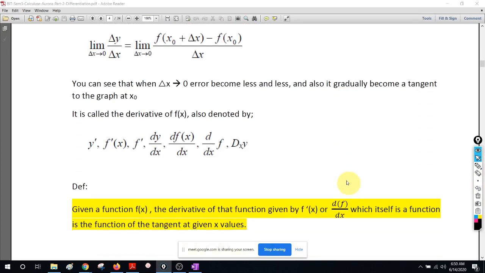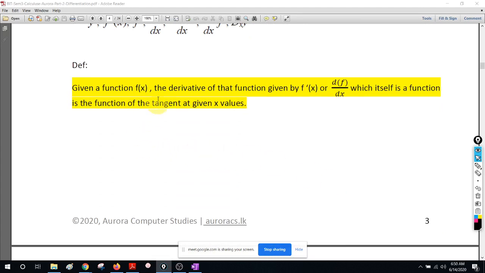So let's move on. This is the definition of differentiation or derivative. Given the function f(x), the derivative, given by f dash x, or d by dx of f, whatever the notation, is itself a function: the function of the tangent at a given x value. That is very important.